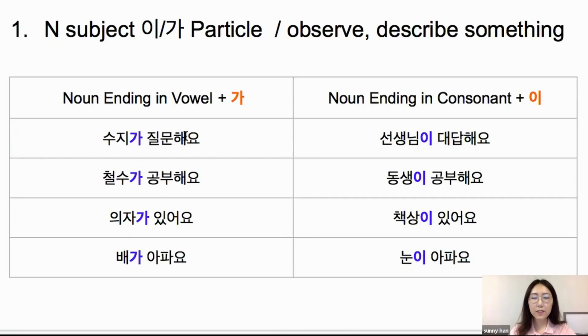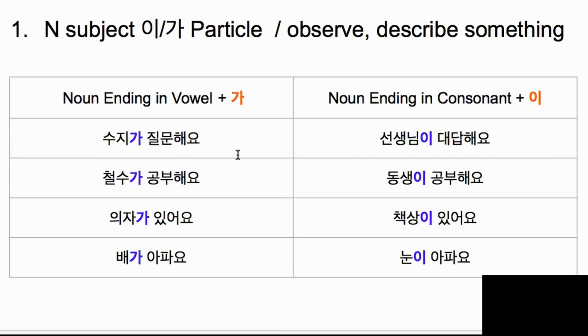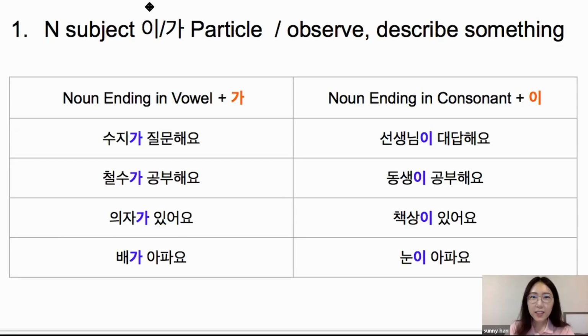So 수지 ask something. Have a question. 수지가 질문해요. Okay. 이가 is for observe something, describe something.